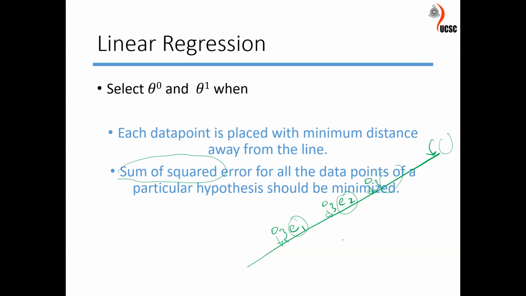You find the error, then make it squared, then take the summation. So E1 plus E2, E3, like that. You can take it as a whole, and this is our sum of squared error. If we reduce this, that basically means this line will be most fitted to our data points.